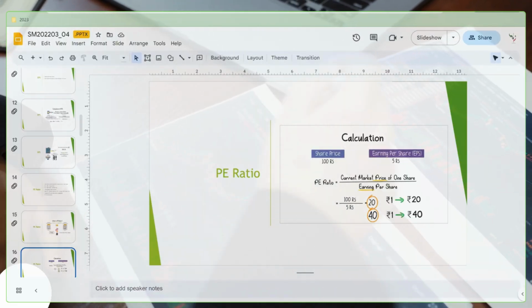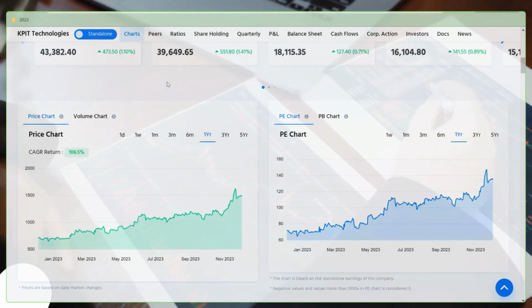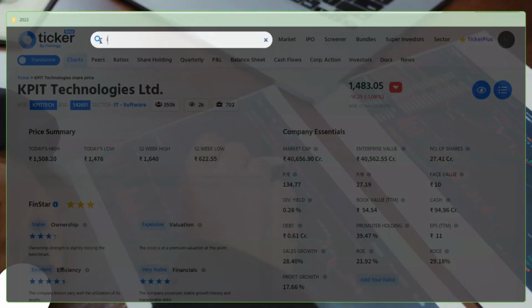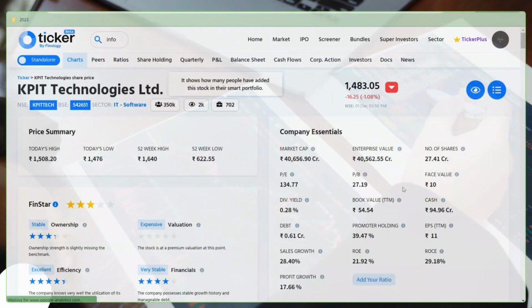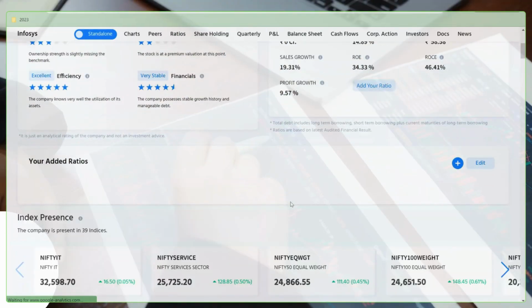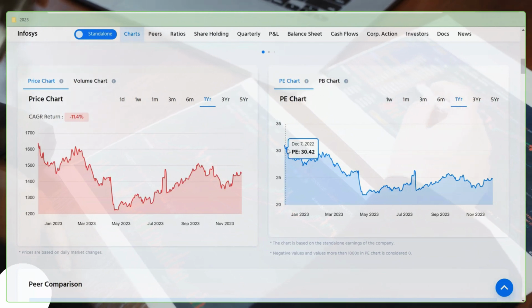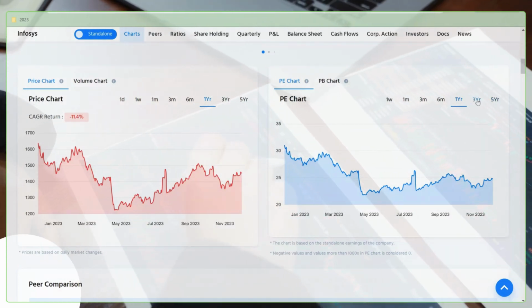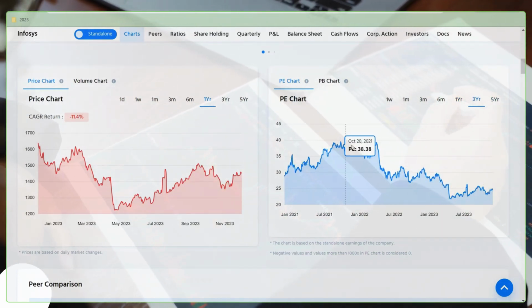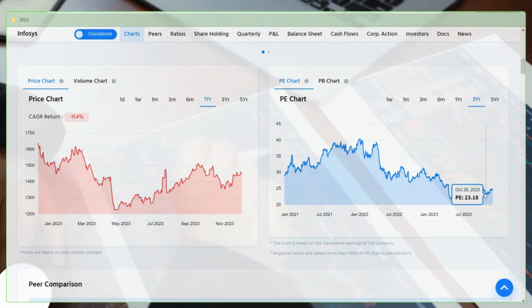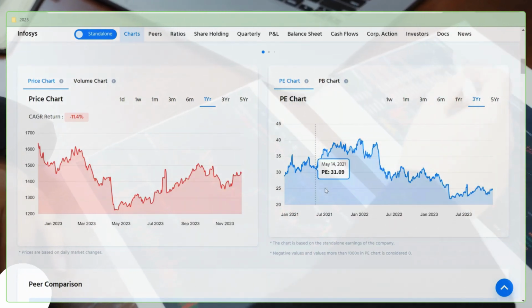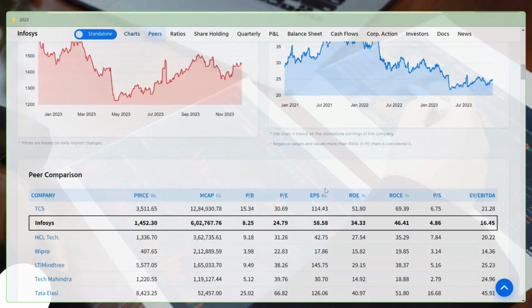One more thing, say Infosys, I will go there. There will be a chart of PE ratio. If you see, Infosys has gone up to 40 PE at its highest in around 3 years. Now the PE ratio is around 25. There should be some median line, it is not showing.